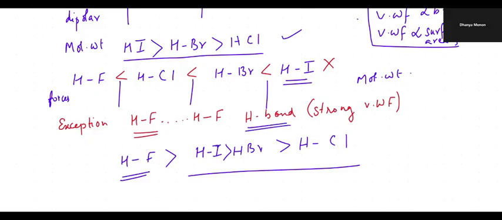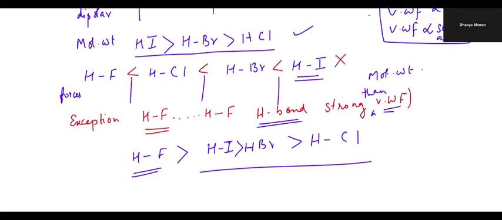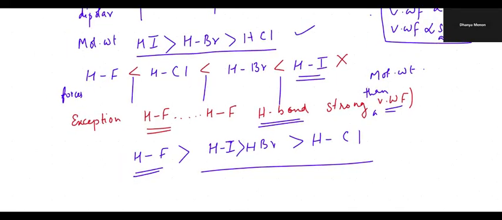Hydrogen bond is stronger than van der Waals forces. So the order of HI, HBr, and HCl is the same, only HF has higher force because of the strong hydrogen bond that exists between fluorine and hydrogen.